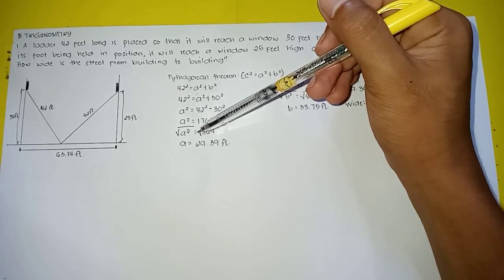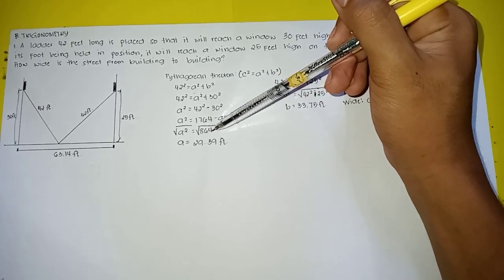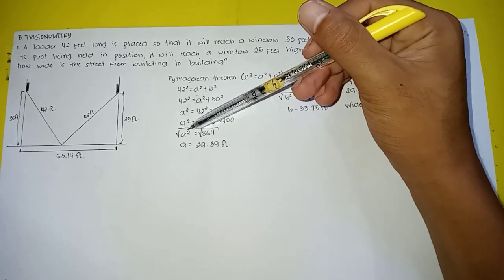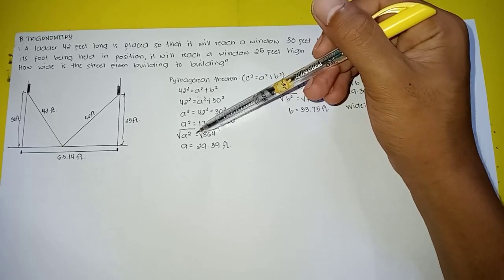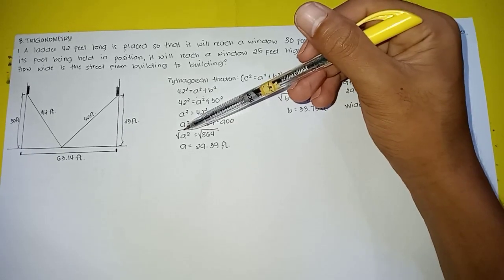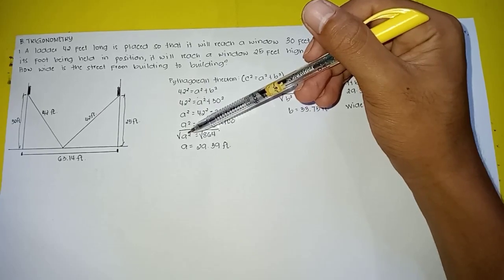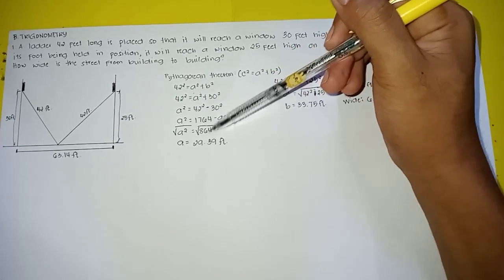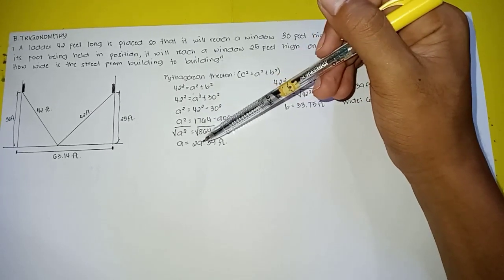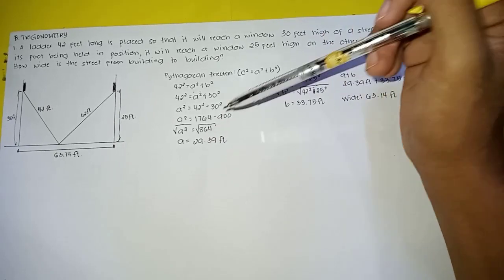So a squared is equal to 864. To eliminate the square, we will take the square root of both sides. So a is equal to 29.39 feet.